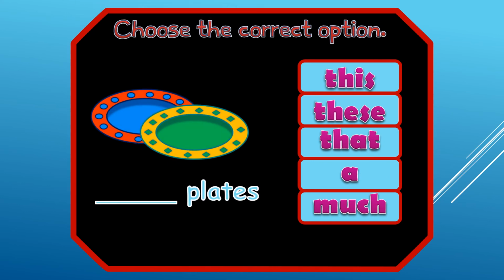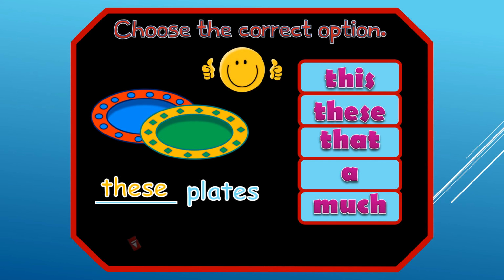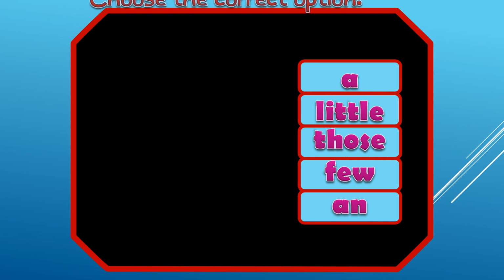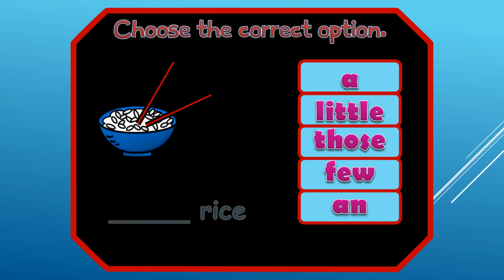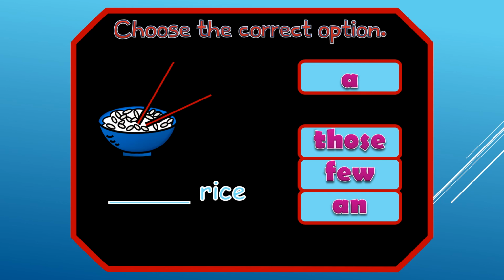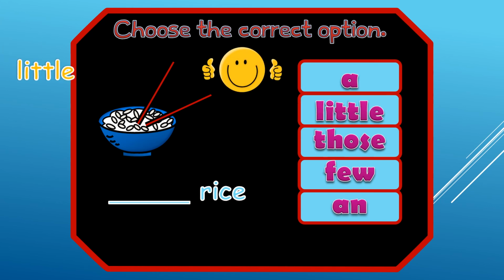Another word, plates. Notice that this word is plural, so can we say this plates, these, that, a, or much? Of course, we say these plates. Now, rice. A rice, little rice, those rice, few rice, or an rice? Little rice.